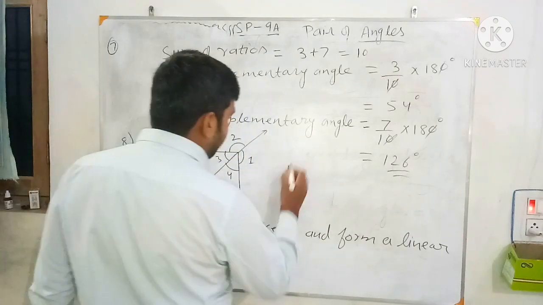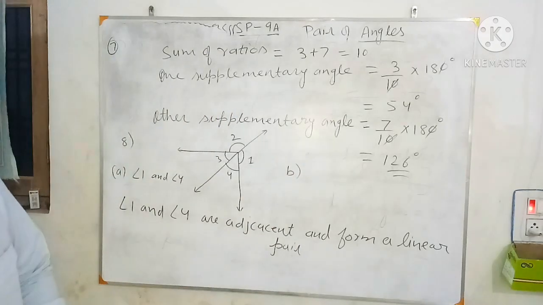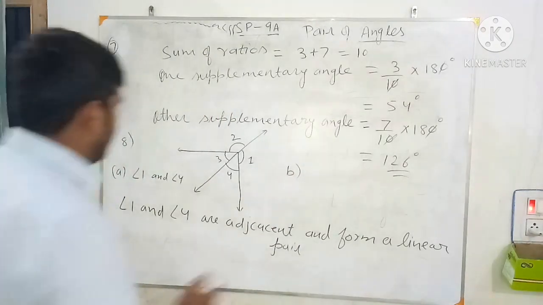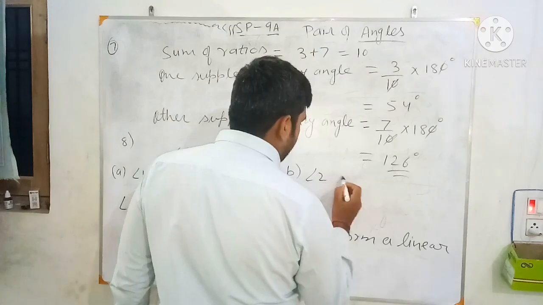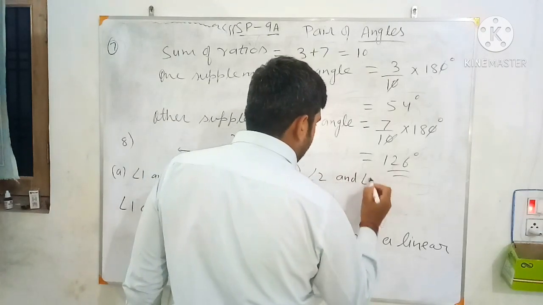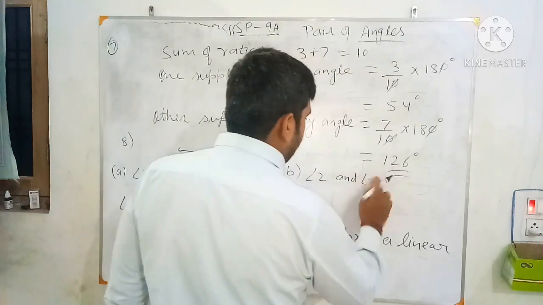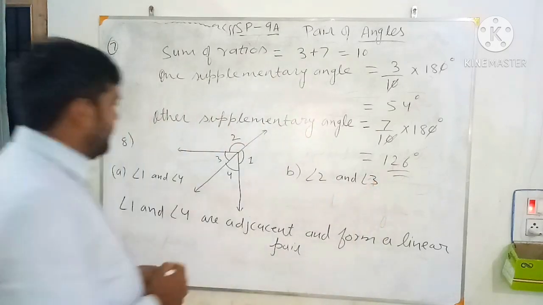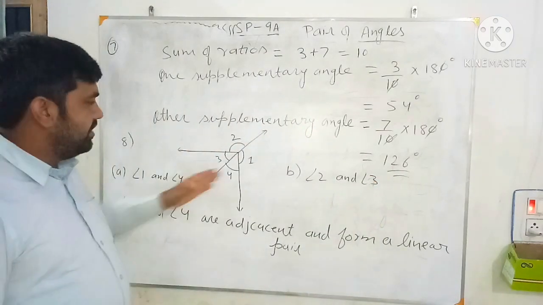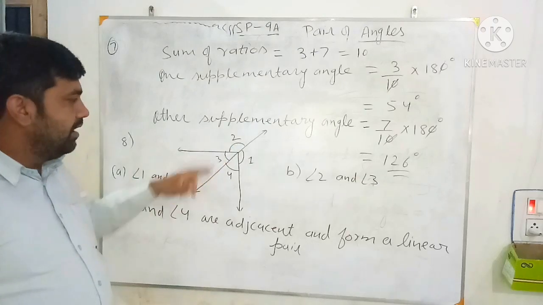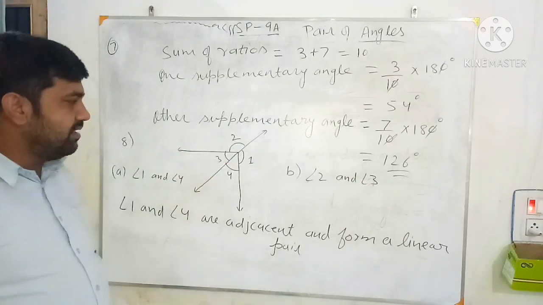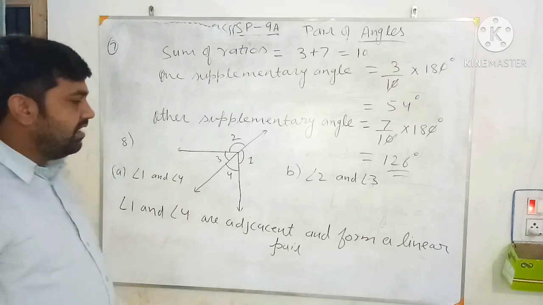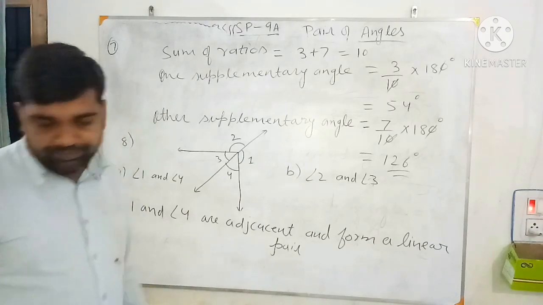Now see part B of this question. What is given? Angle 2 and 3. Yes, angle 2 and 3 are also on a straight line, so they form a linear pair, and both are adjacent also. The same answer: angle 2 and 3 are adjacent and form a linear pair.